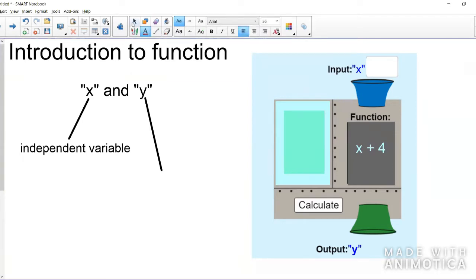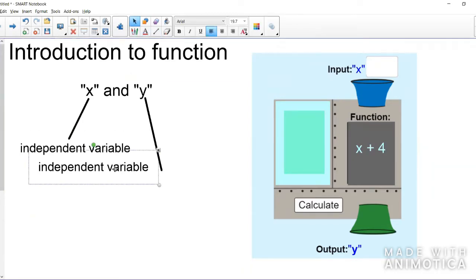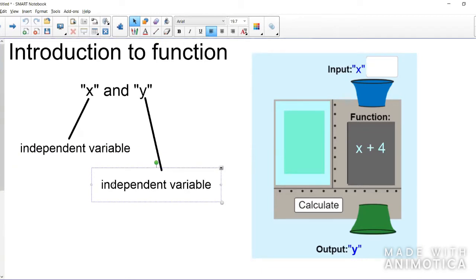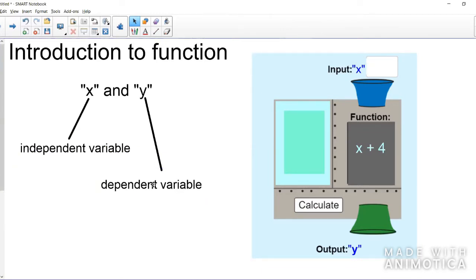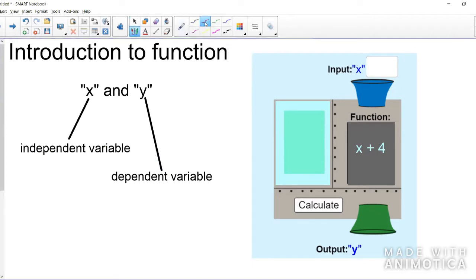So what are the y values, on the other hand? The y values are what we call the dependent variables. They are called dependent variables because the values of y always depend on the x value, or the independent variable.